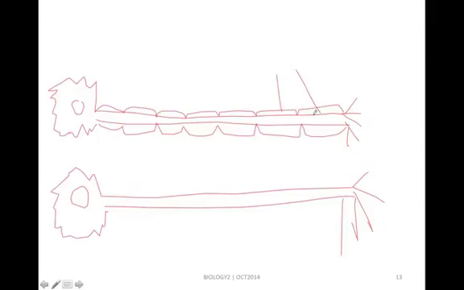So the axon serves like a copper wire. The myelin sheath serves like the plastic wrapping around the copper wire. The myelin sheath serves as an insulator and it allows rapid conduction of action potentials.